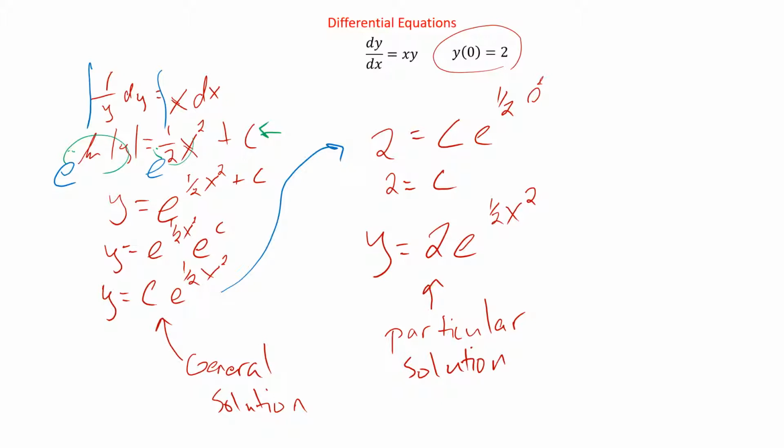So knowing that is helpful. Sometimes it is more useful to be plugging it in earlier on in the problem. You don't have to wait till the end. Sometimes it's easier to wait to the end. It's just any time after the integration, you can plug it in.